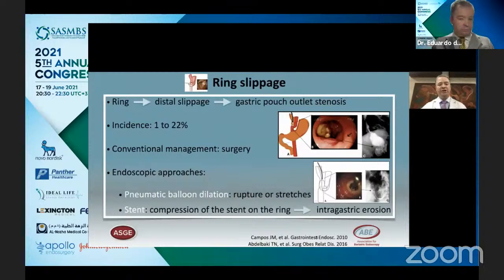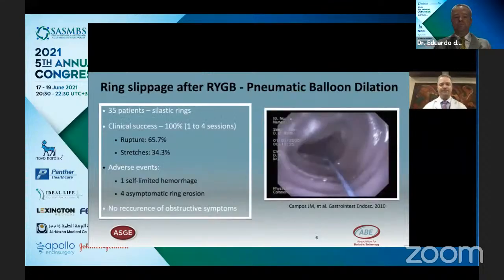About the ring slippage. When there is a displacement of the ring causing obstruction of the food loop, there are two possibilities for the treatment: the use of a 30 millimeter pneumatic balloon or the placement of a metallic or plastic stent.